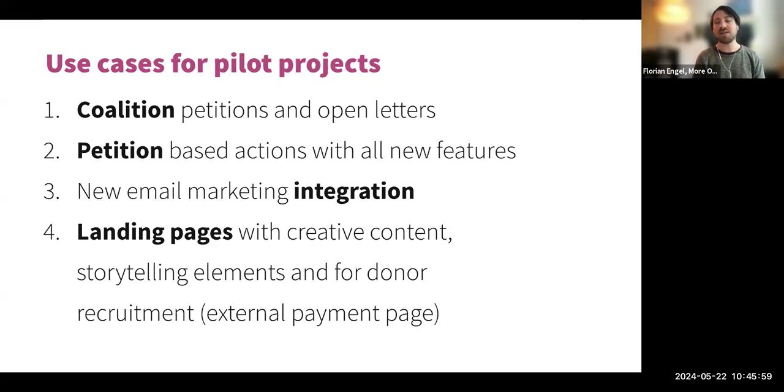The third example is a new kind of email marketing integration. So if you have an email marketing system that you think is worth integrating directly with Impact Stack, let's have a conversation. And if you need landing pages for creative content and a lot of content control, storytelling elements, or for donor recruitment, but with an external payment page, that is also something that Impact Stack Next Generation can deliver as pilot projects.